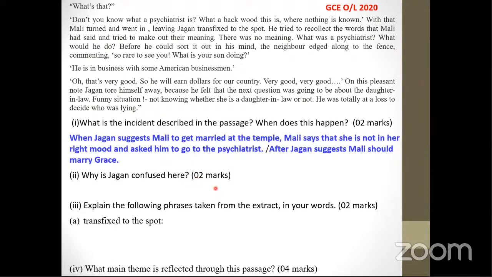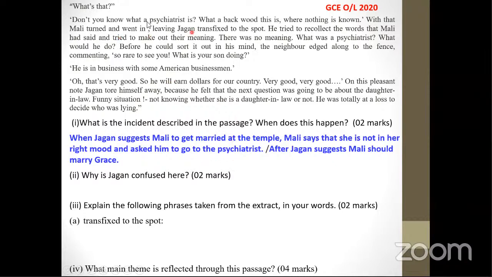So when we come to Mali and cousin, whenever he meets cousin, cousin provides Mali with some food and drink. Then that is also money. Look at Mali's relationship. So when Jagan suggests Mali to get married at the temple, Mali says that Grace is not in the right mood and asks him to take her to a psychiatrist.